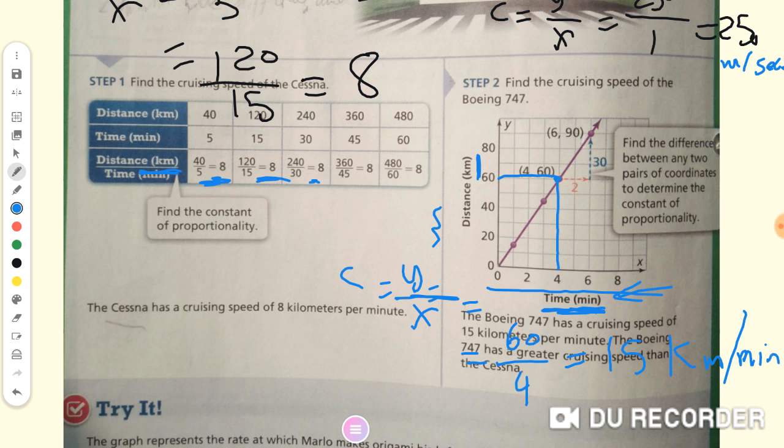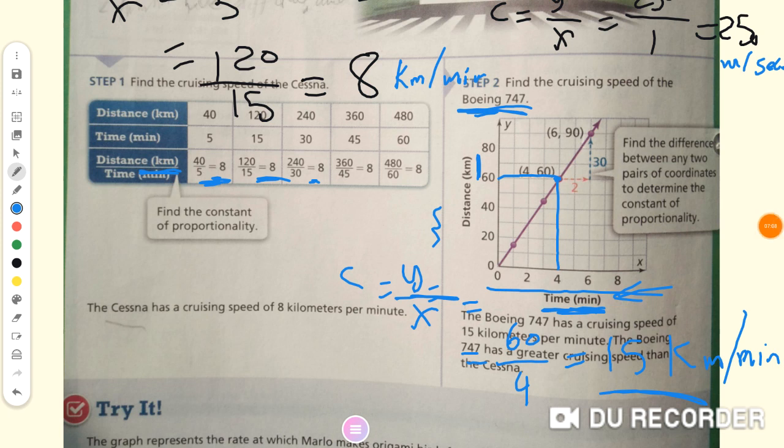So which one is faster? The first one is 8 kilometers per minute, which is the Cessna plane, and the jet airplane, like the Boeing 747, is 15. So the Boeing is faster. I can determine that the cruising speed of the Boeing is faster than that of the Cessna.